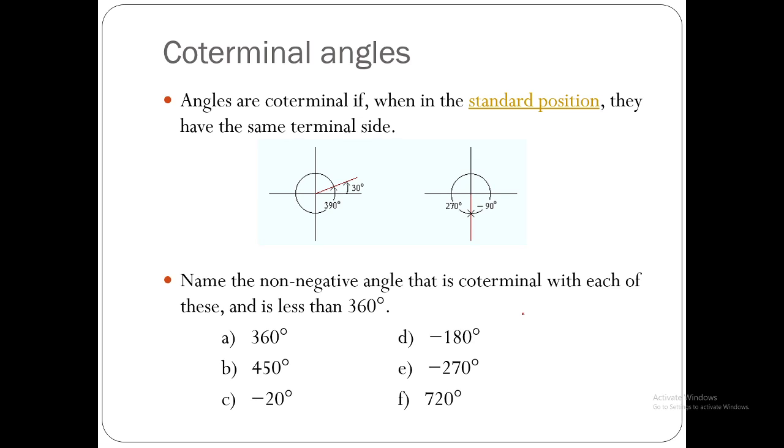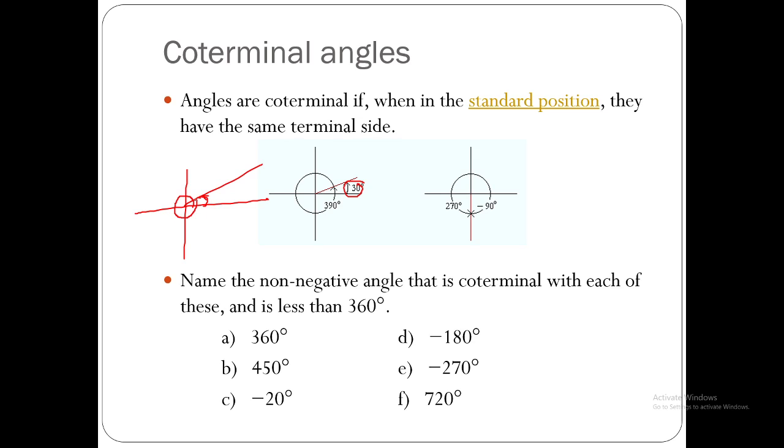Okay, now let's talk about the coterminal angles. So, angles are coterminal if, when in the standard position, they have the same terminal side. Okay? So, for example, the coterminal angle of 30 degrees is 390 degrees. Because, again, here is 30 degrees, but if you rotate, this is 360, right?